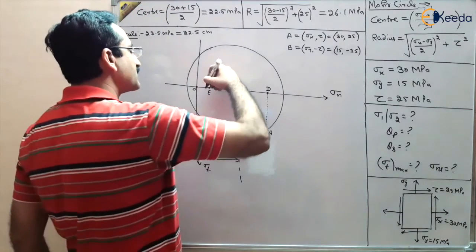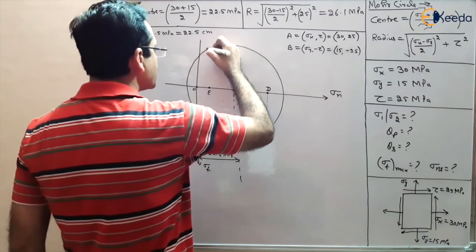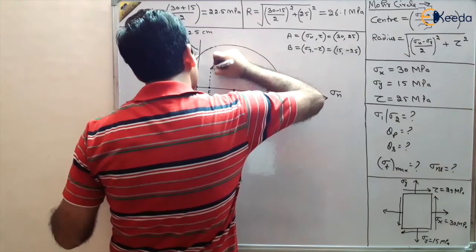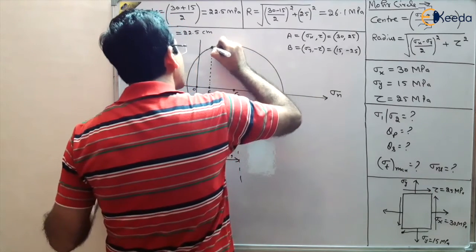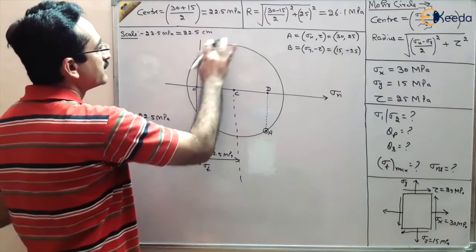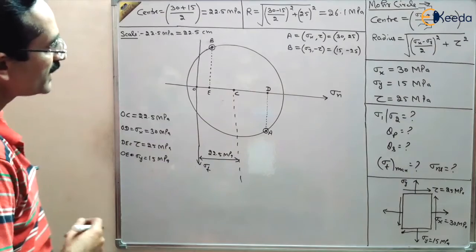So drop a vertical line so that you get the circumference of the circle in the negative direction, right? You will get this type of vertical line till you get this point. This is our point B. Point A we have already achieved, and this is another point, right?